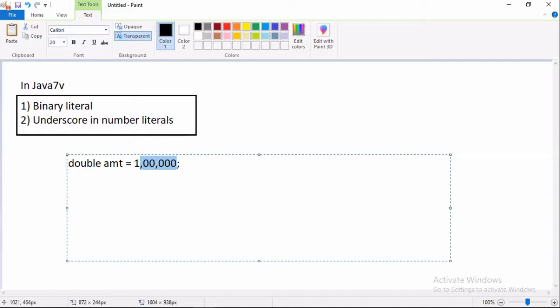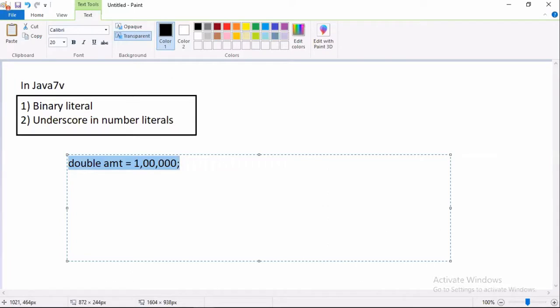Why do they place that comma? Because of easy understanding, easy reading. If you remove the comma, you have to count how many zeros are there: thousands, 10,000, 1 lakh. It's not easily readable. If you write commas, your eye can easily calculate it. Can you write it in Java? No, the compiler will throw an error.